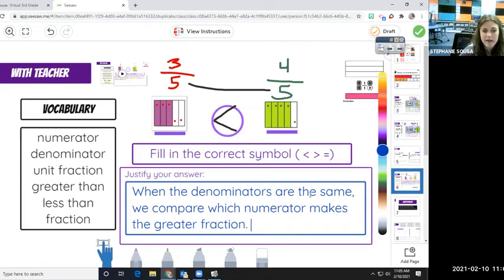So when the denominators are the same, that numerator is in charge. Look at all these vocab words I used. Denominator, numerator, greater, fraction, compare. That's tons of vocabulary in my explanation.